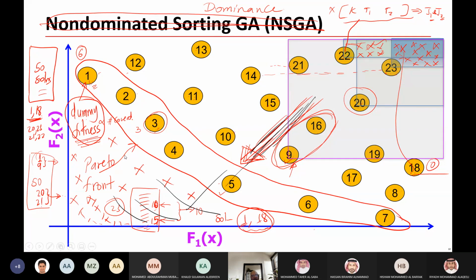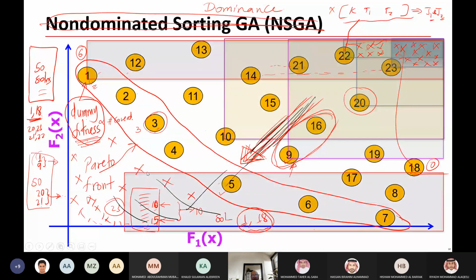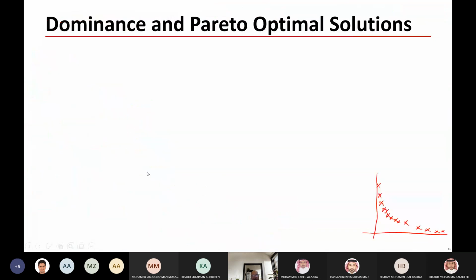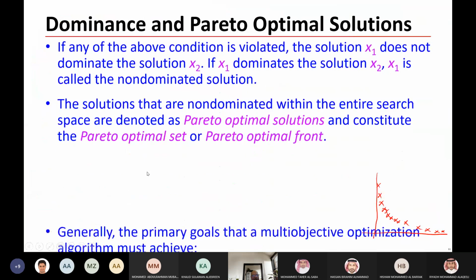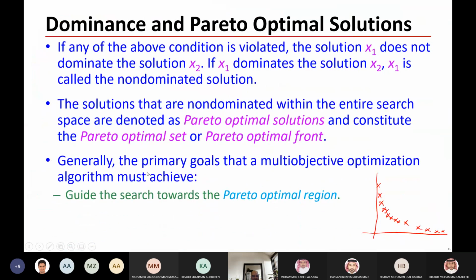And one of the objectives for multi-objective is to push the search towards the optimal solutions here. And another objective for multi-objective optimization is to keep these solutions well distributed. We need to have a diversity of the Pareto optimal solutions. So this is the covering concept.